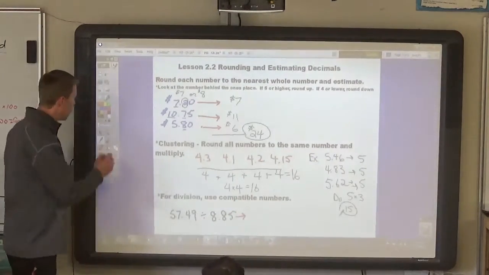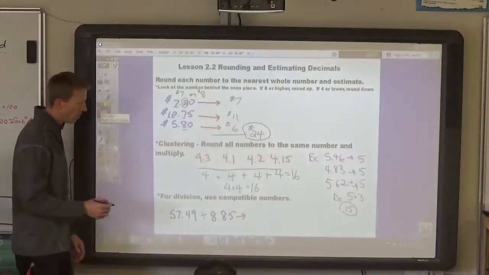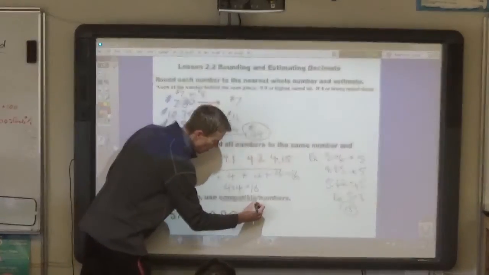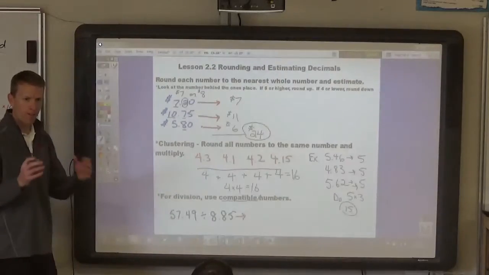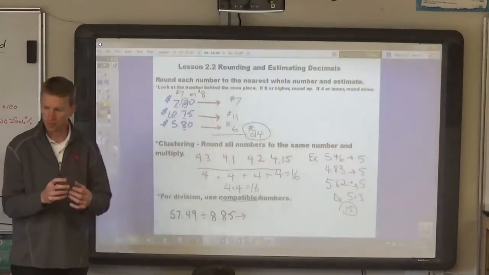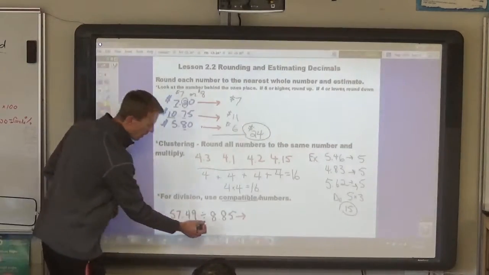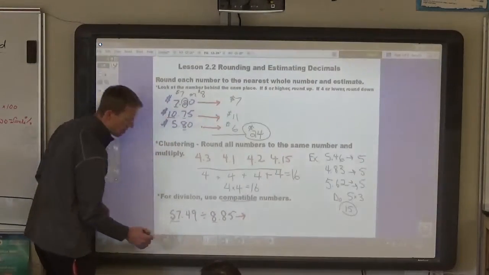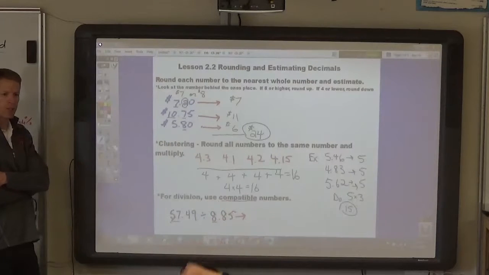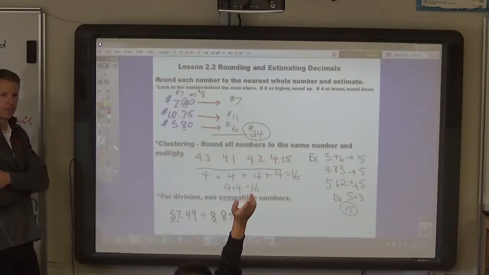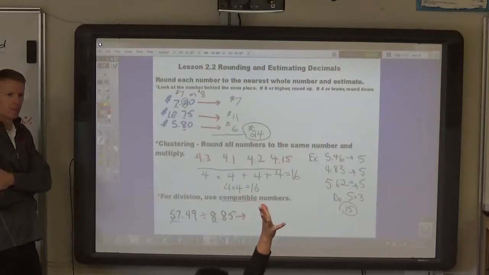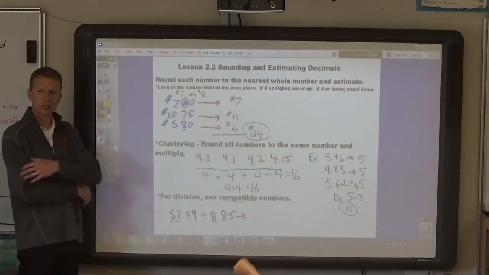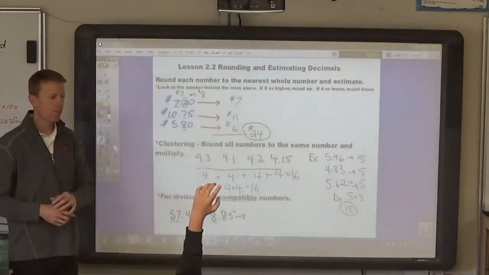Yeah, but with division, we use compatible numbers. Numbers that divide without a remainder. So, look at these numbers. 8 and 57. What numbers are compatible? What numbers are close to 8 and 57 that divide evenly?